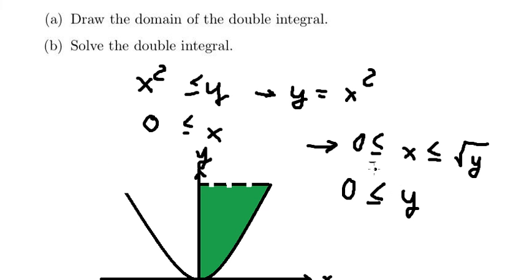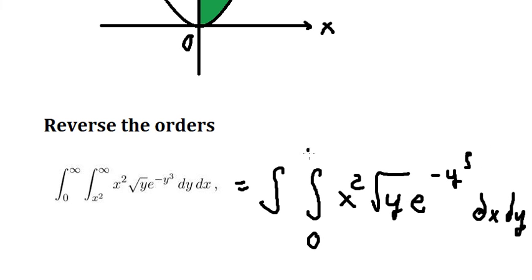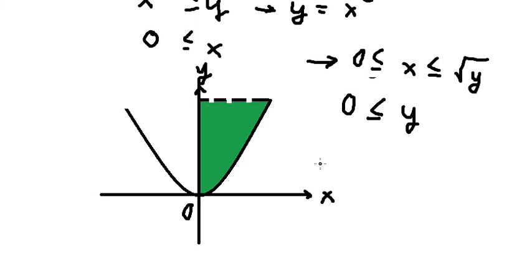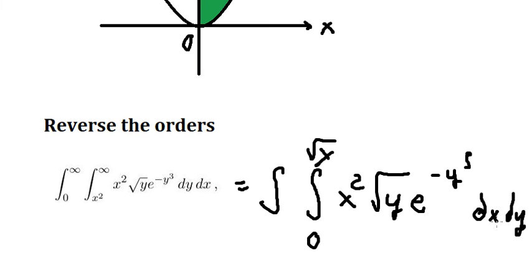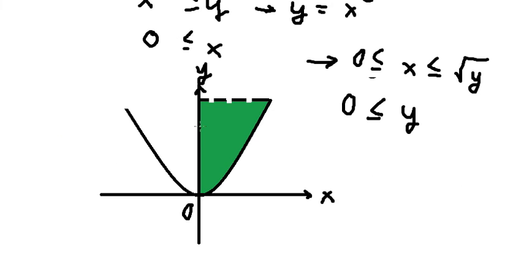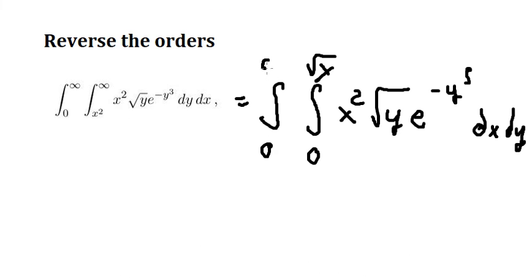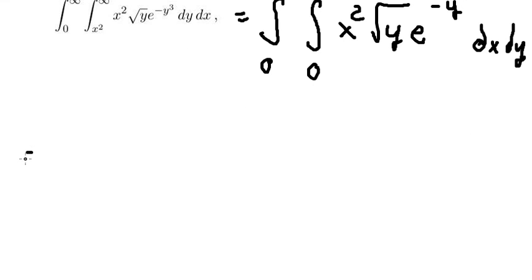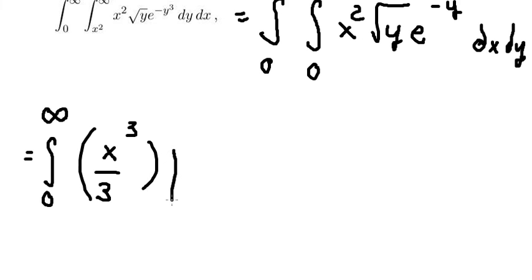For dx, we can see that it goes from 0 to the square root of y. For dy, it is from 0 to infinity. And now we need to calculate this. The integration of x squared is x to the power of 3 over 3, and then we put the bounds from 0 to the square root of y.